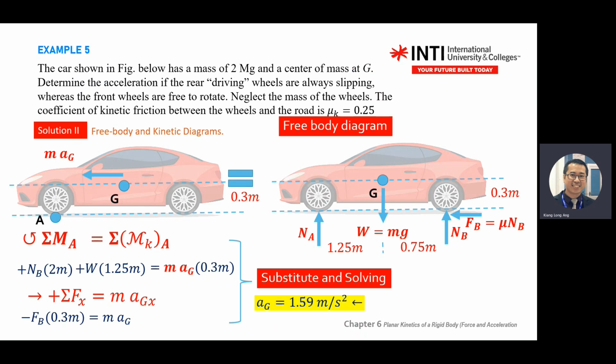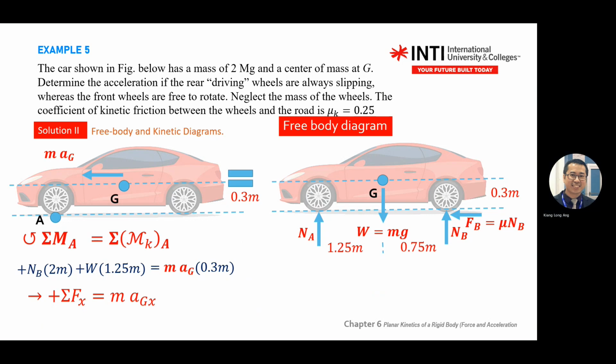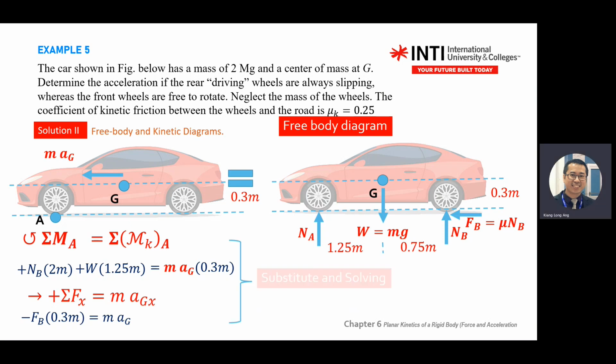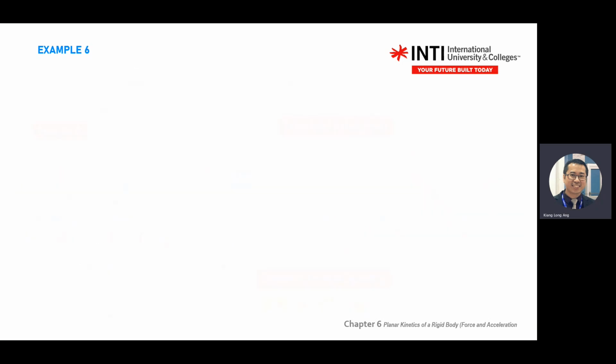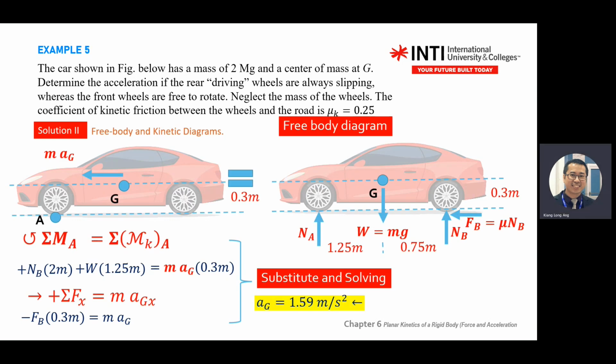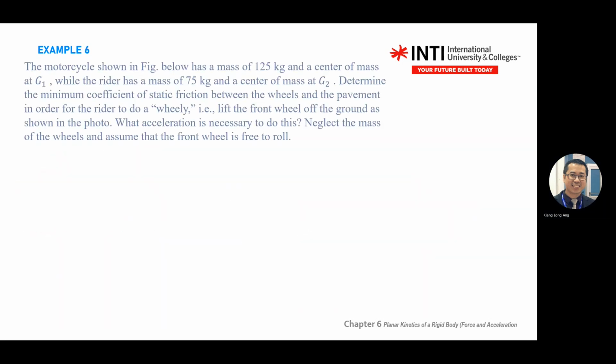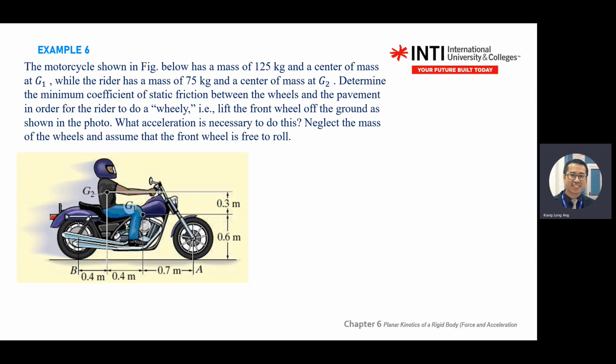Again, you use the moment equation when the previous equations cannot help you, or when you have more than 3 unknowns. Okay, we stop here. Again, there's a typo on my slides. This is not a point, you have to cancel this one. No 0.3. Okay, next lecture we look at this example.